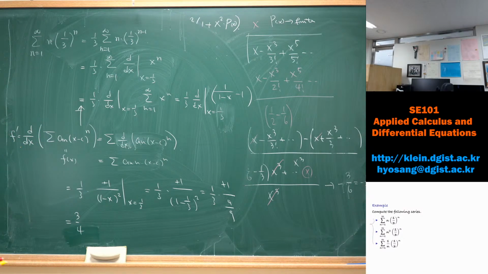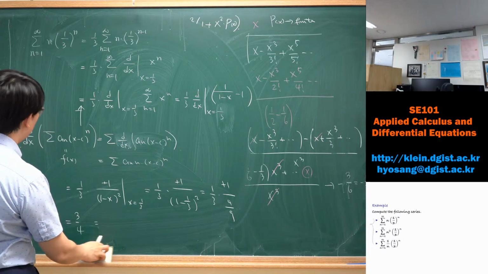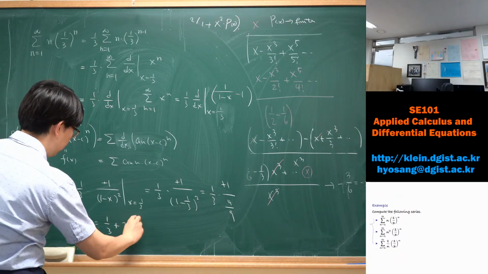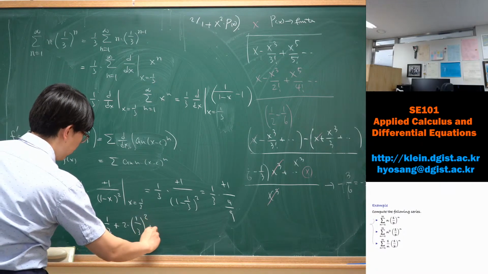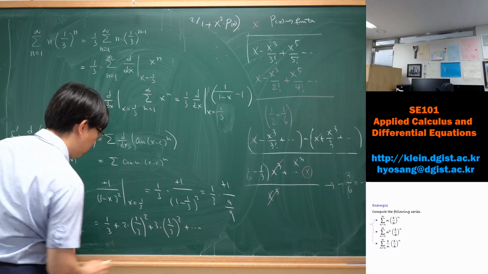Okay? So it's quite interesting that we have a series that looks like 1 over 3, 2 times 1 over 3 squared, 3 times 1 over 3 cubed, and so on.